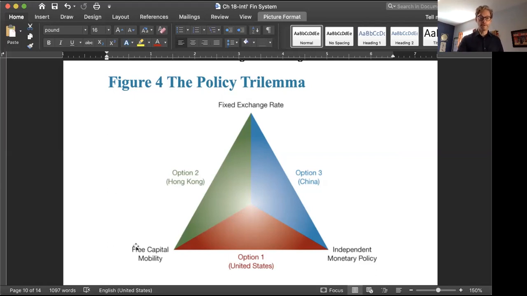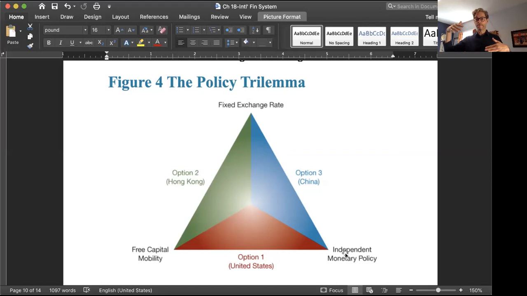We also, though, of course, want capital mobility, right? Because we want to attract a lot of capital. And so to do that, we need to make sure that capital can move in and out. What can't we have? We cannot have a fixed exchange rate then, right? Because if you think about this, if the Fed was raising interest rates up and down and we had capital mobility, what would that mean?